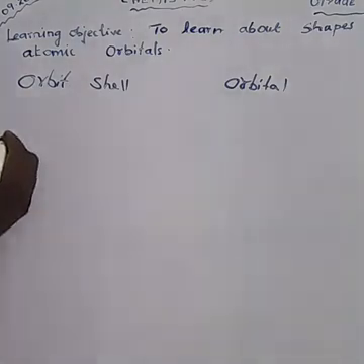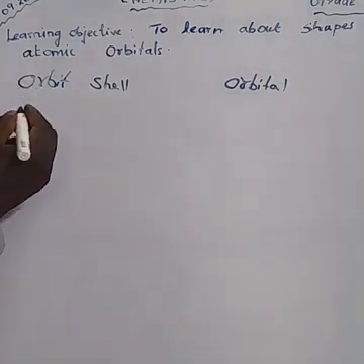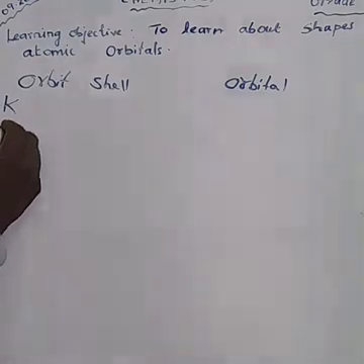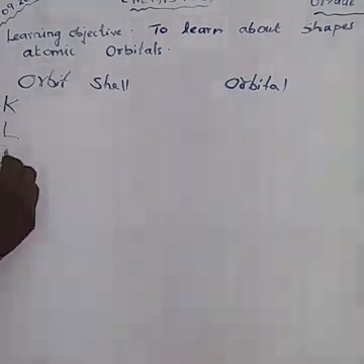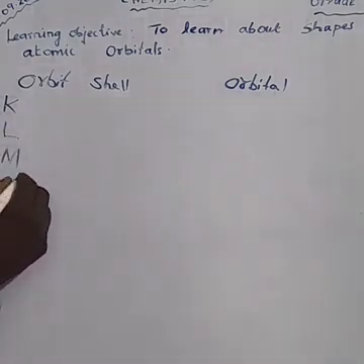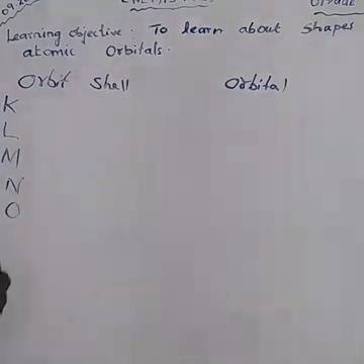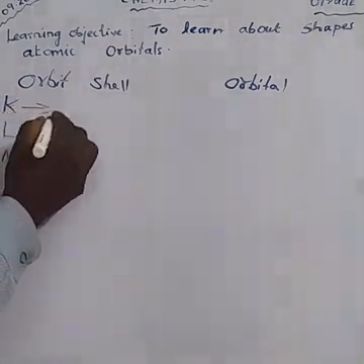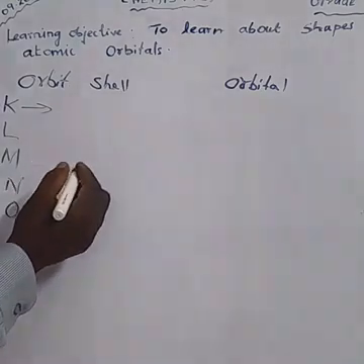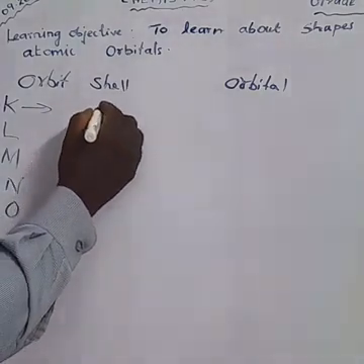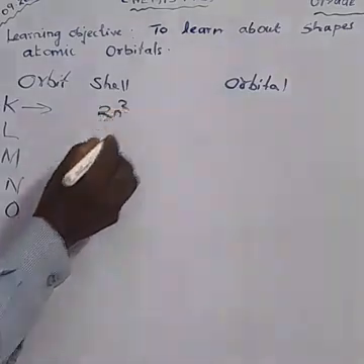There are K shell, L shell, M shell, N shell, O shell, etc. Here the K shell can accommodate electrons as per the 2n square formula.